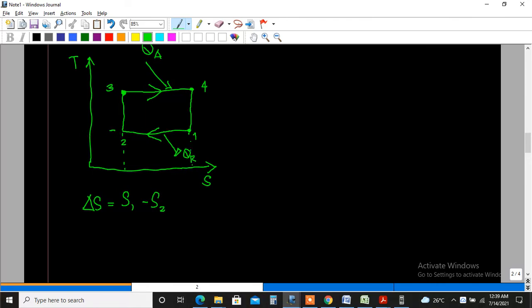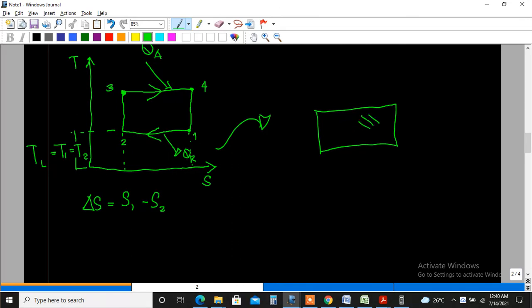So this is temperature 1, which is also equal to temperature 2, or this is the lowest temperature of the cycle. In order for us to get the area, this is the Q rejected. The area, this is temperature low, and on this side is S1 minus S2.